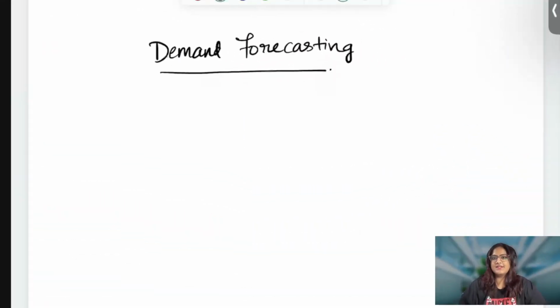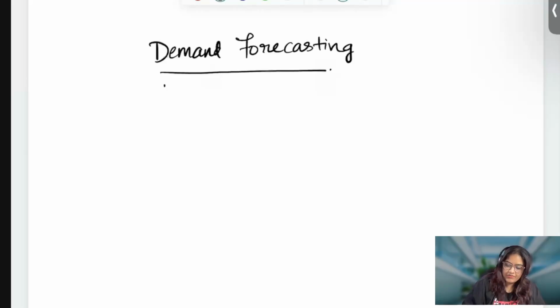Okay, let's understand demand forecasting. See, managers cannot rely only on guesswork. They must estimate the future requirement before they start production, before they make decisions on pricing, staff, or investments. That process is called demand forecasting. So, what is demand forecasting?